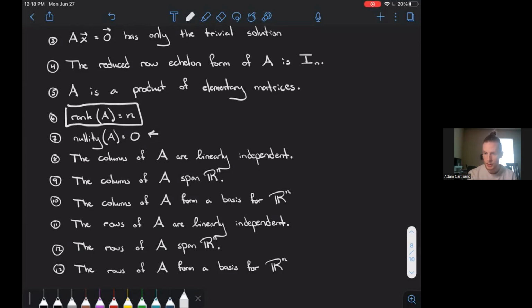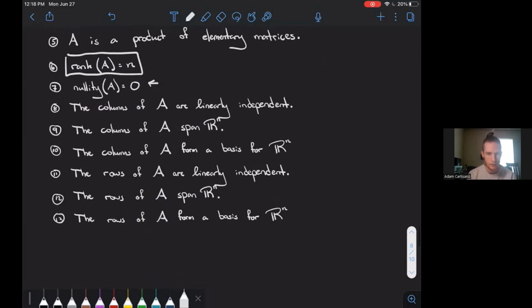But both of those things tell you that the columns of A form a basis for Rn. And all three of those things are also true about the rows of A. So there you go, 13 equivalent conditions for A to be an invertible matrix.